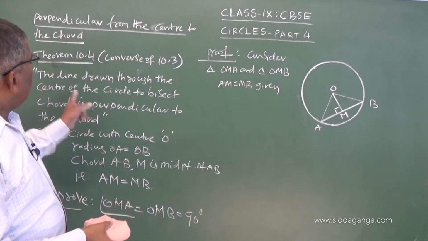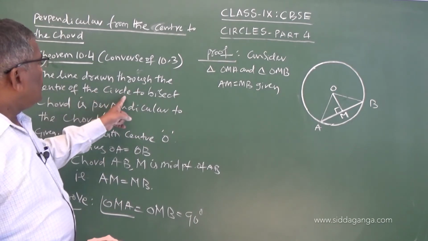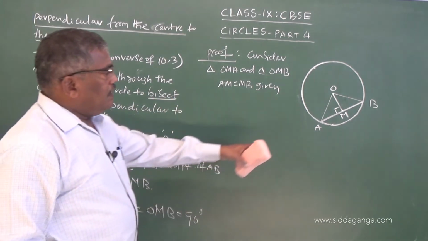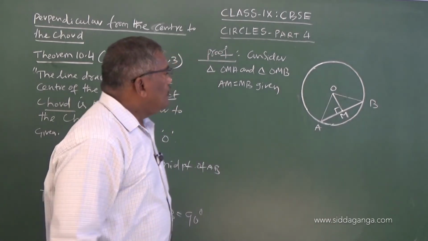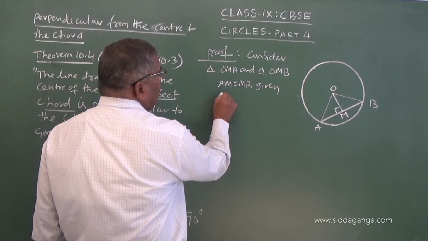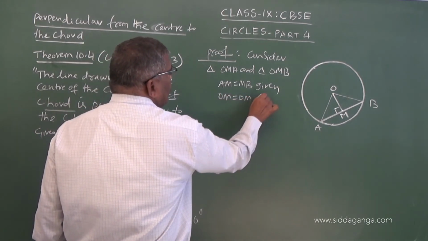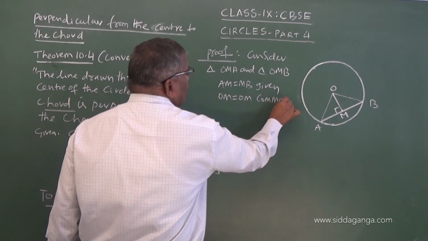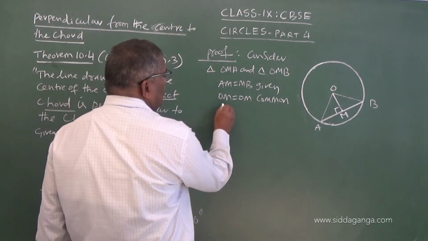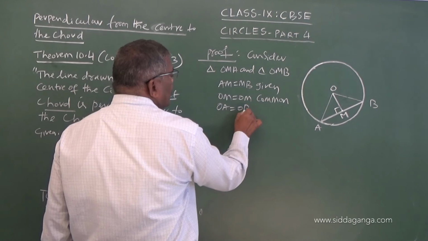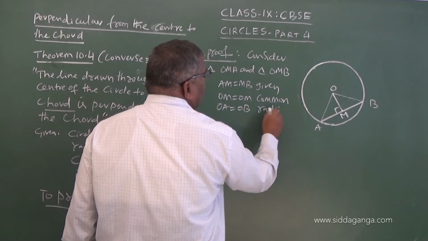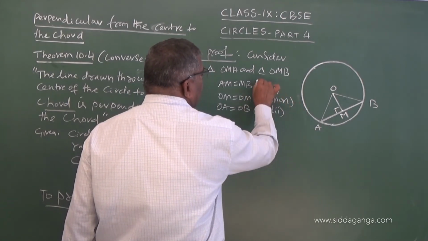They say in the theorem, through the center of the circle to bisect the chord. That means M has bisected the chord, therefore AM equals MB is given. OM equals OM, common, and OA equals OB, both are radii, therefore they are equal.